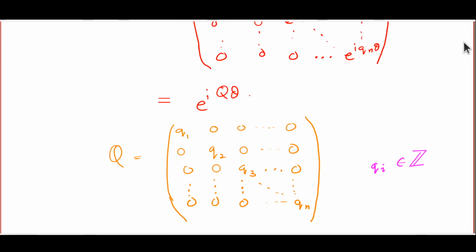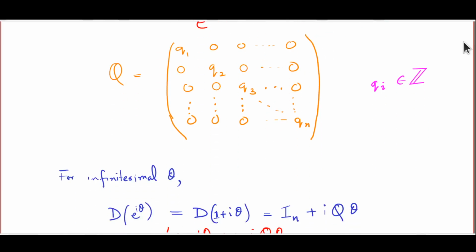Now that's very easy to figure out in this particular example. This example being, after all, one of the simplest possible examples where we could do this. And all you need to do is take a look at what happens to D of e to the i theta when theta is very tiny.